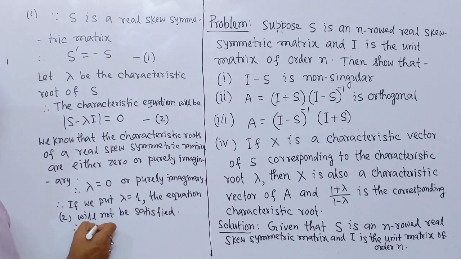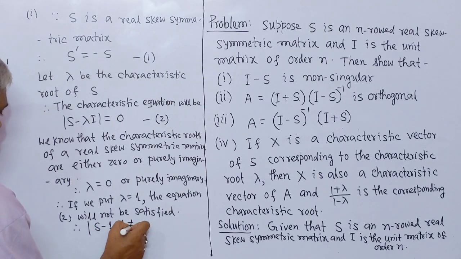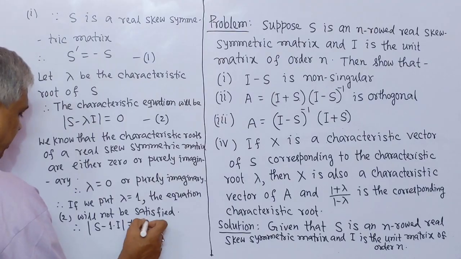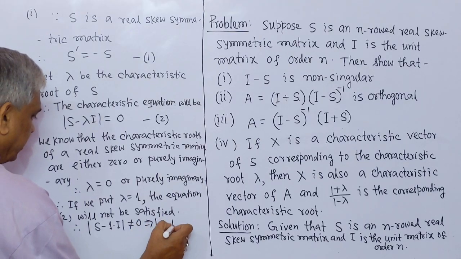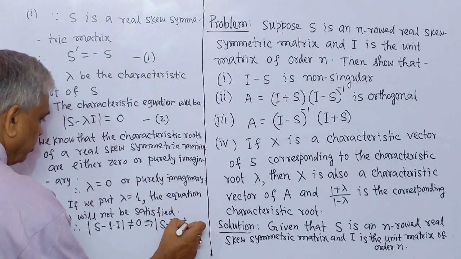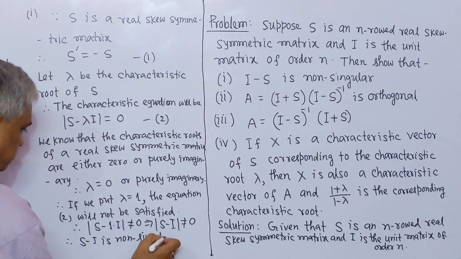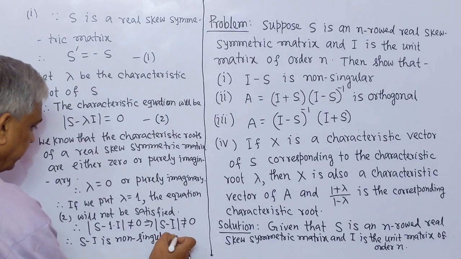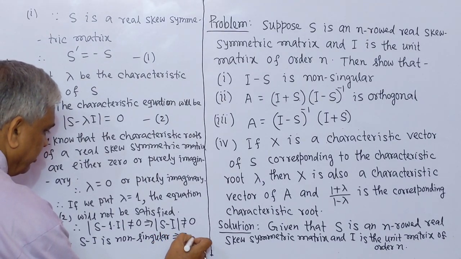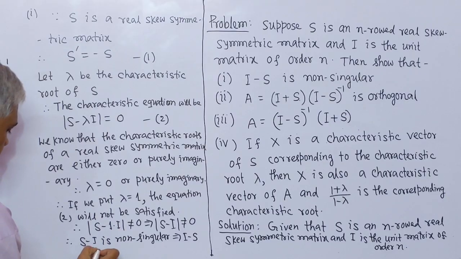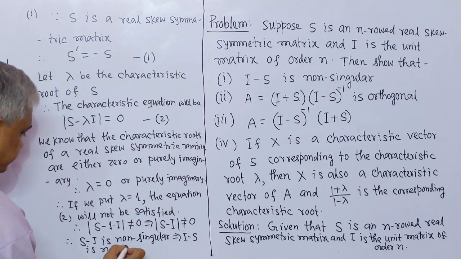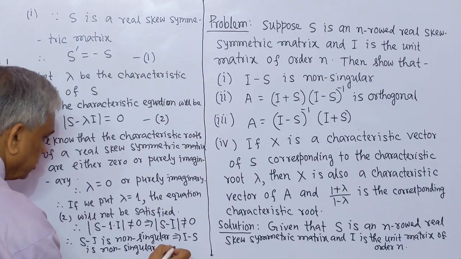Therefore, determinant of S minus 1 into I not equal to 0 implies that determinant of S minus I not equal to 0. Therefore, S minus I is non-singular, implies that I minus S is non-singular. Proved.